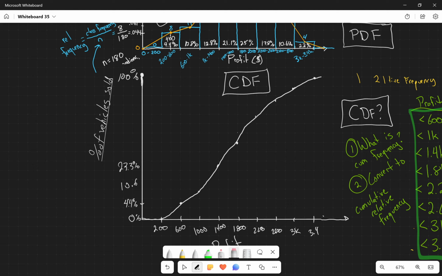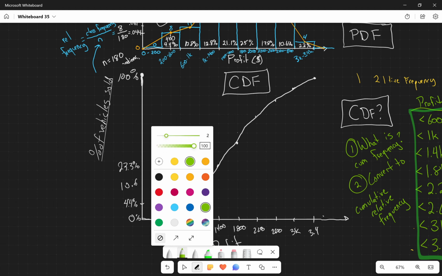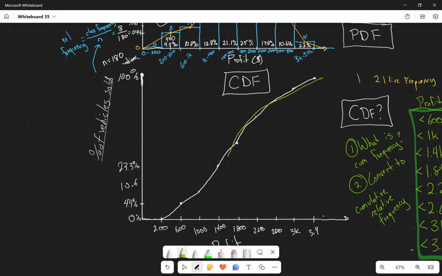So something with a positive slope that has this vaguely S shape to it. I didn't draw it terribly accurate, but there should be probably more of a curve to it, like that.